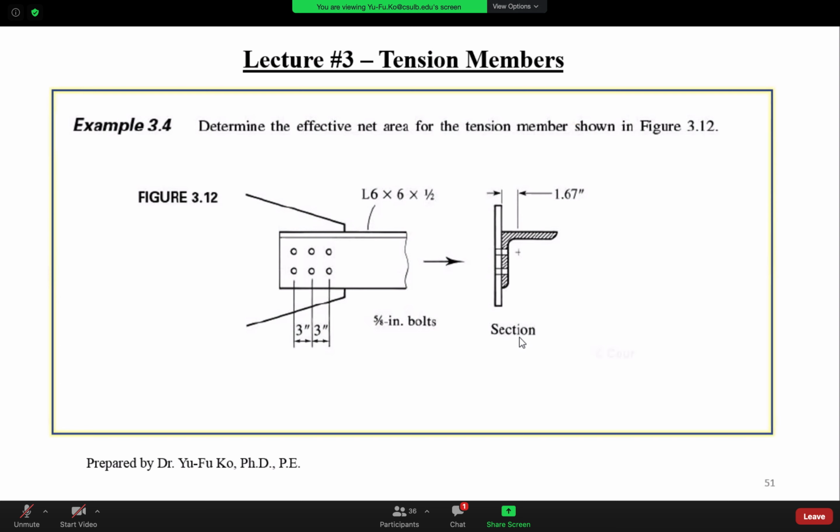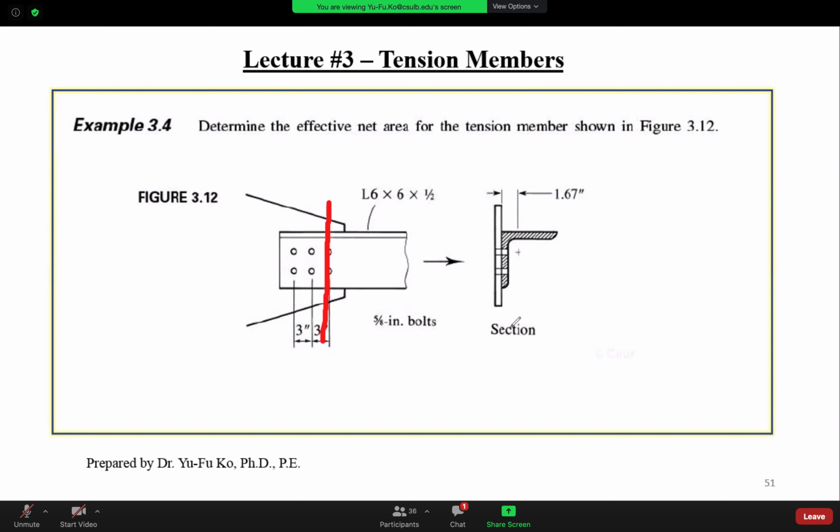Okay? And then, if you look at the section cut, you will see this section view. So on the bottom, this is the gusset plate, and the hatched area is the angle, the tension member we are focusing on now.